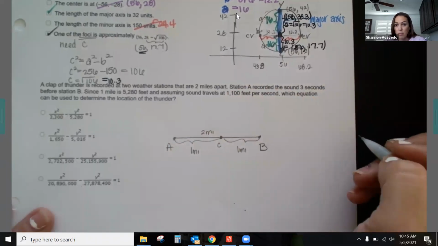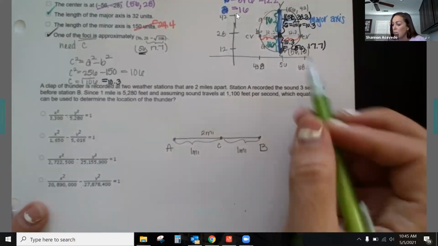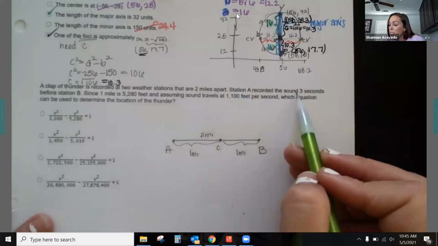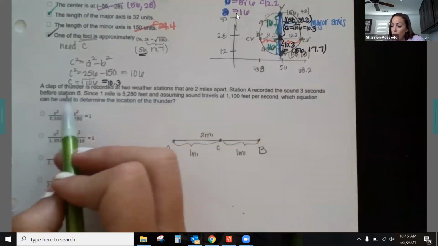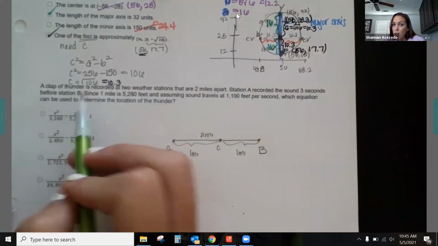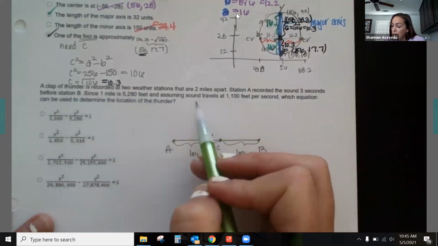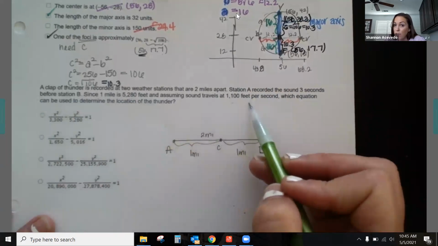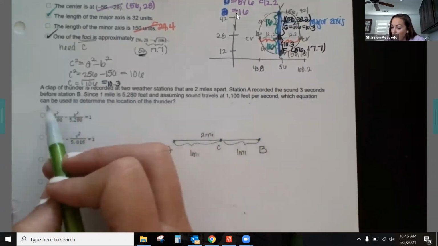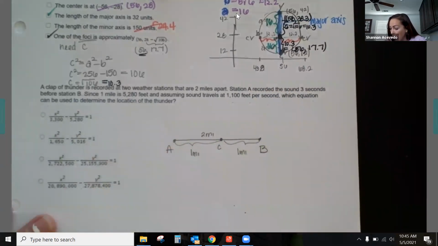You guys following me so far, hopefully. Station A recorded the sound 3 seconds before station B. Since 1 mile is 5,280 feet and assuming sound travels at 1,100 feet per second, which equation can be used to determine the location of the thunder?